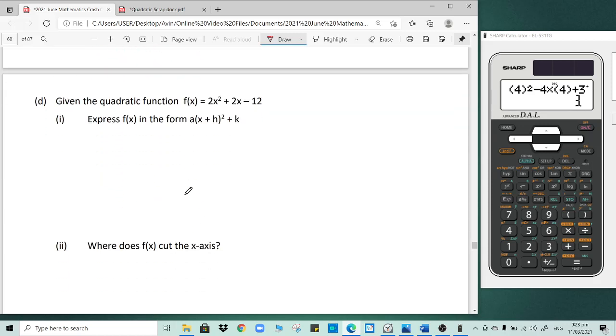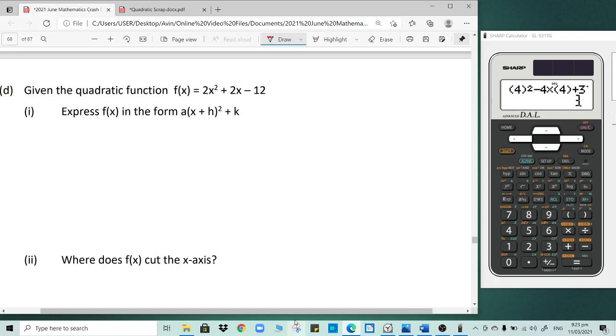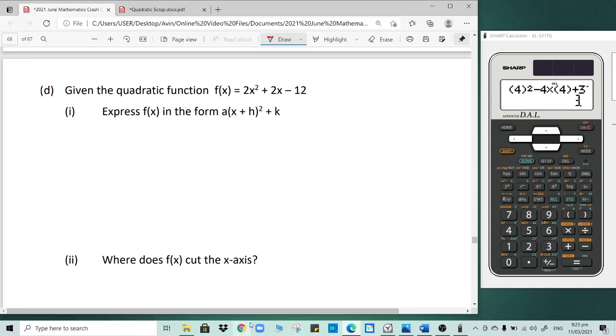Next one. Here they gave you a quadratic. Let me zoom in here a little bit. I guess today there's a lot of quadratic questions. In part 1, they basically want you to express it in vertex form. So A is 2, B is 2, and C, make sure you understand, C is minus 12.